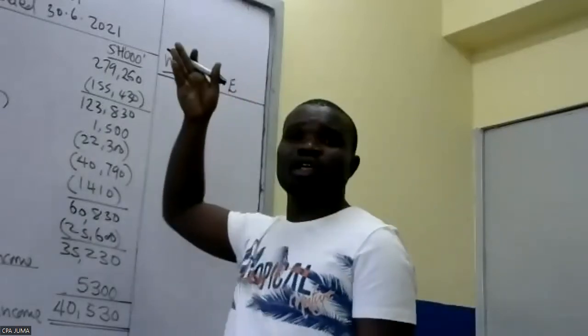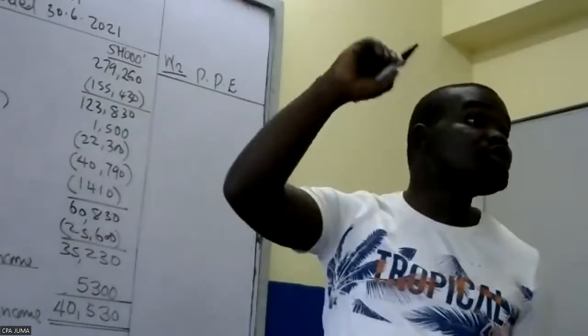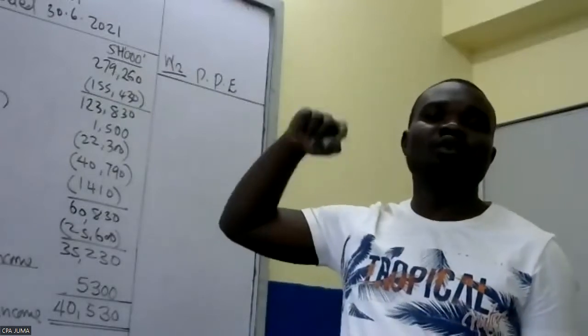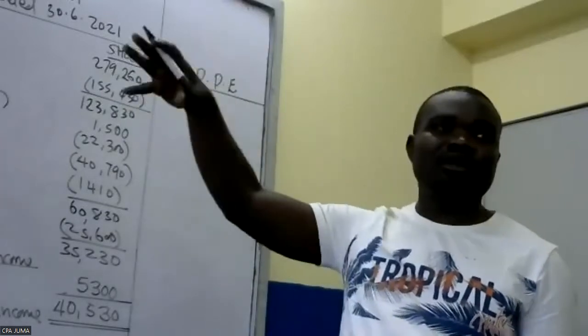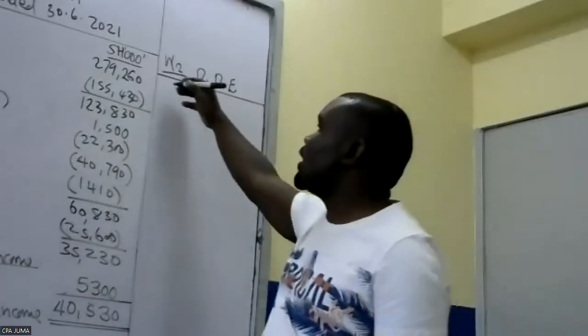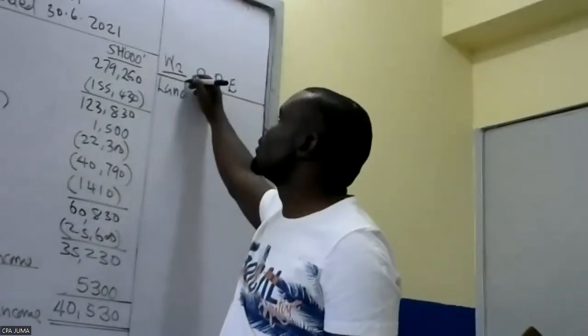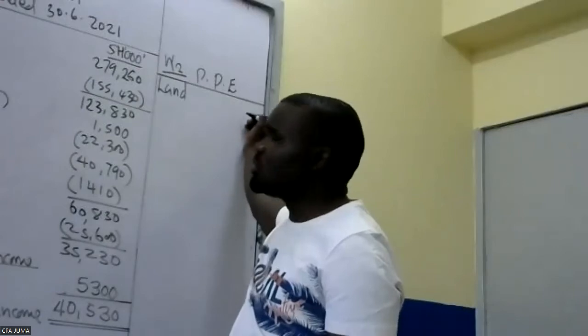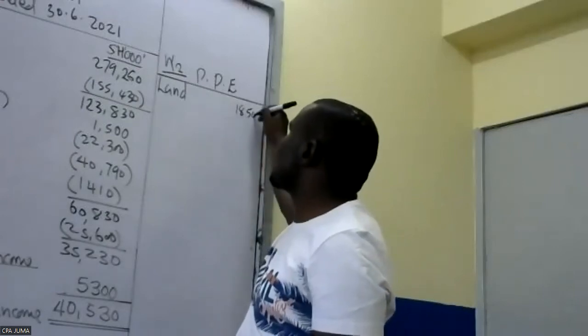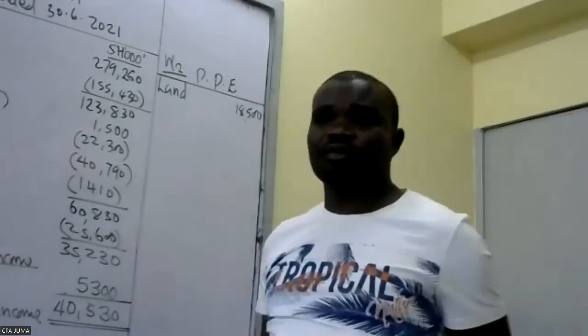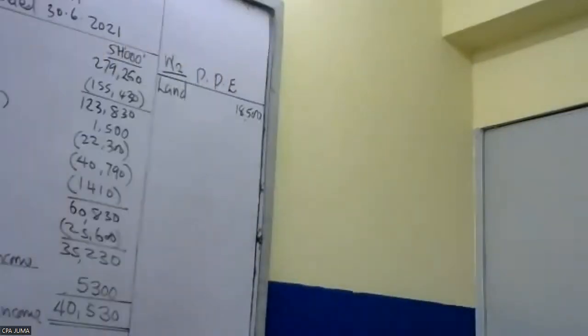So the ones which were revalued, you take the revalued amount. Once an asset has been revalued, the revalued amount takes over. Land was revalued to how much? 18,500.